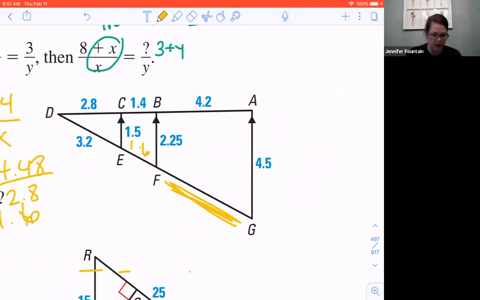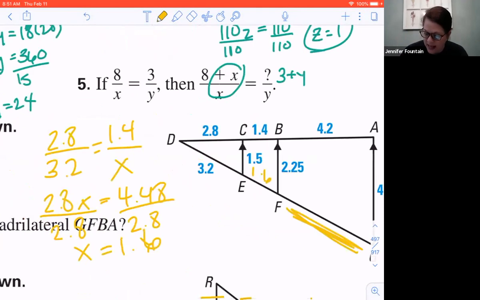Okay. So on this one, when I'm looking at FG, one of the things I was going to tell you guys is that if it helps, instead of just plugging in the numbers, like in that situation we looked at, where DC over DE is equal to CB over EF, if it helps you to write your segments first and then plug in the numbers, that's an option too.